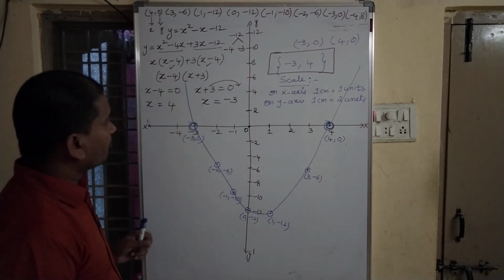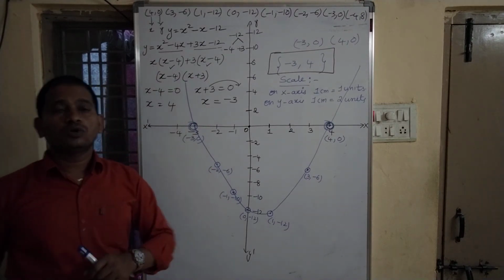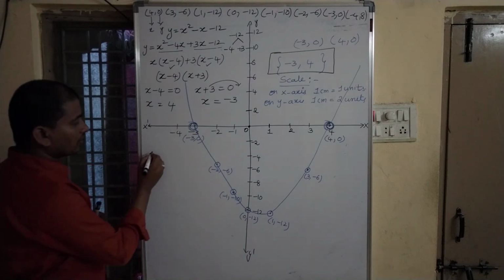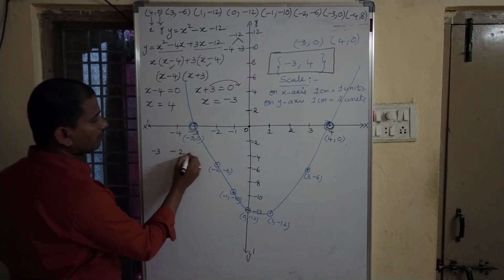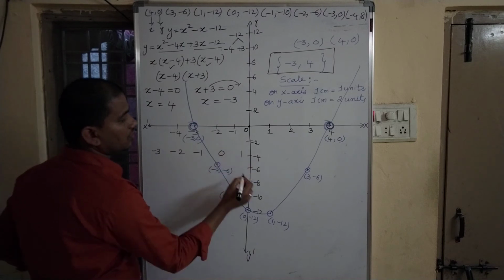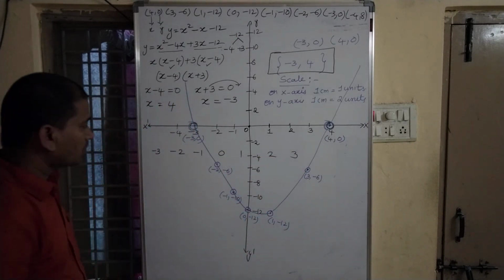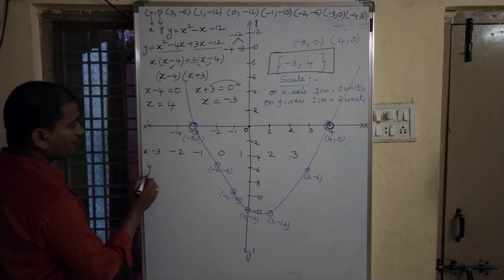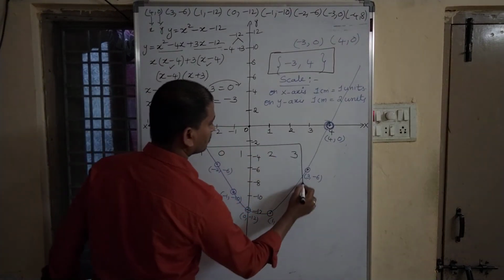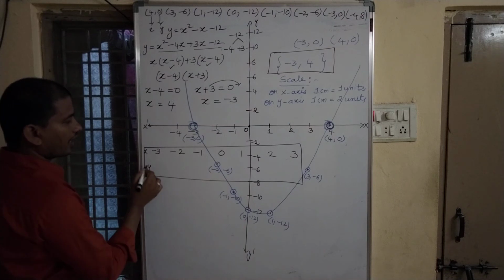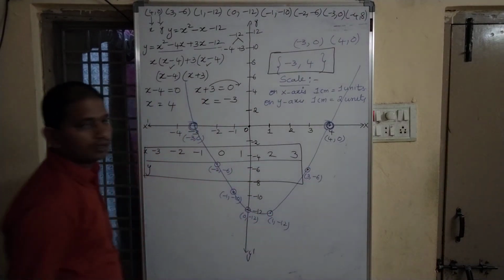You can ask me one doubt: sir, how did you choose the values, always minus 3, minus 2, minus 1, 0, 1, 2, 3, as we took in the table of x values and y values?